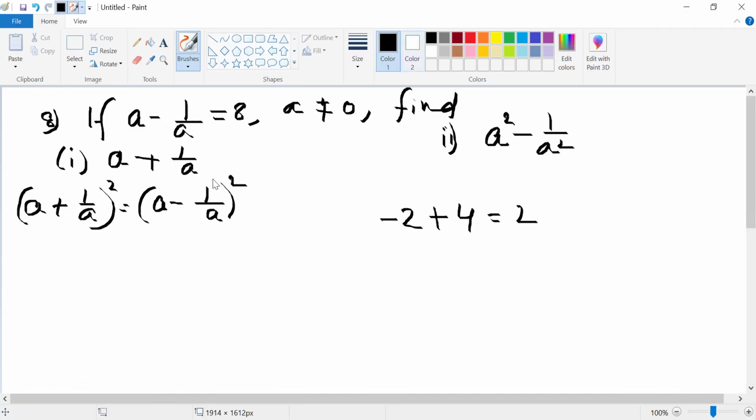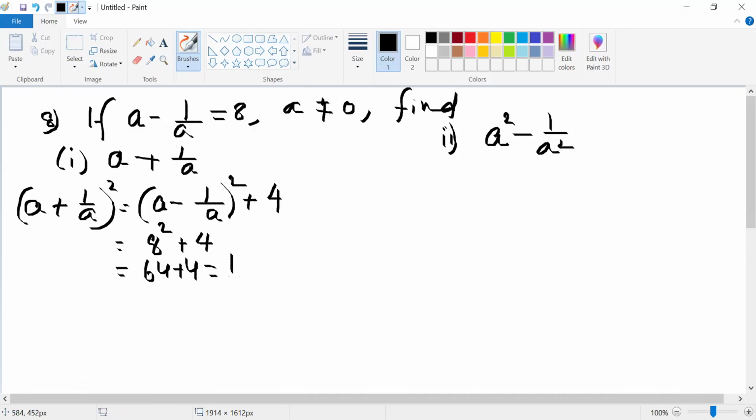So with a minus 1 by a whole square, if you add 4, it will become a plus 1 by a whole square. Clear? Okay. So a minus 1 by a is given 8. So 8 square plus 4, 64 plus 4, 68.